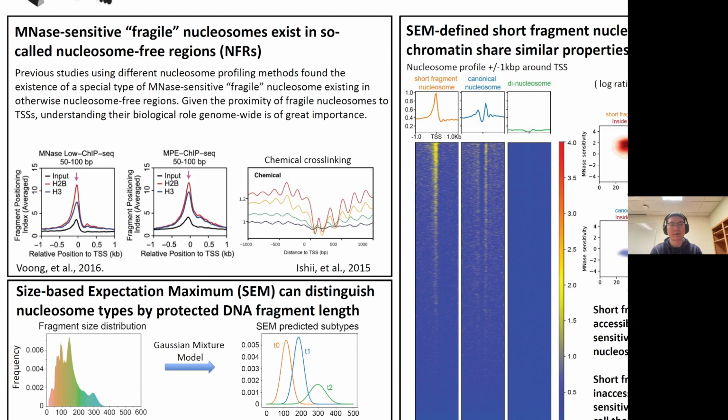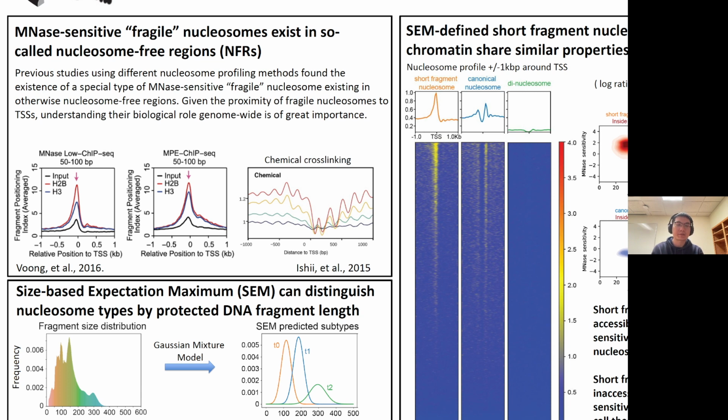However, in recent years, some other studies used different nucleosome profiling methods, including low-dose MNase ChIP-seq, MPE-seq, and chemical cross-linking. In those studies, they found that in the so-called NFR defined by extensive MNase digestion, there actually exists a special type of MNase-sensitive fragile nucleosome.